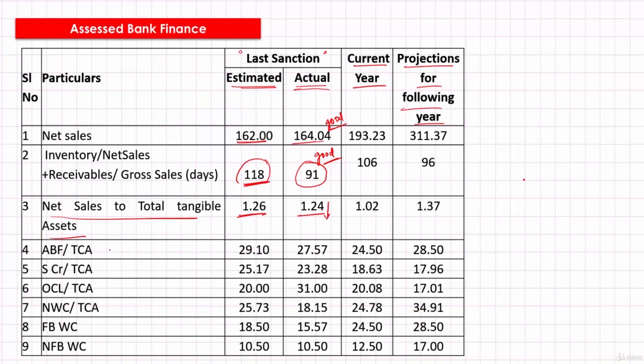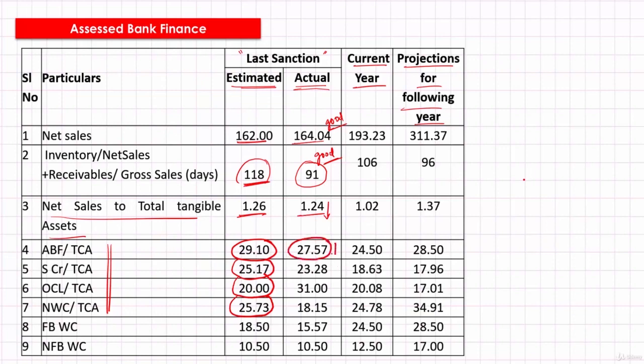Now we'll focus on this. What was estimated? If 100 rupees is going to be the current asset, 29.1% is from bank finance, sundry creditors are 25%, other current liabilities will be 20%, and net working capital will be 25.73%. So bank finance was expected to be 29%, but what happened is bank finance is only 27.57.